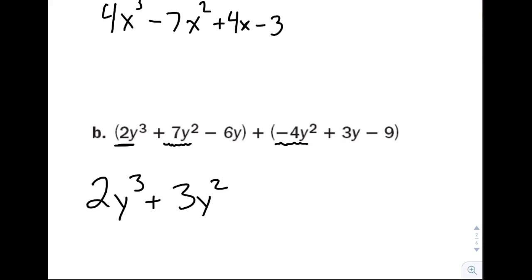Then the y's: -6y and 3y, so -6 and 3 makes -3y. And then I don't have -9 underlined. Maybe I do circles here, and then it's just -9. So you just don't want to miss any terms. That's the most important thing here.